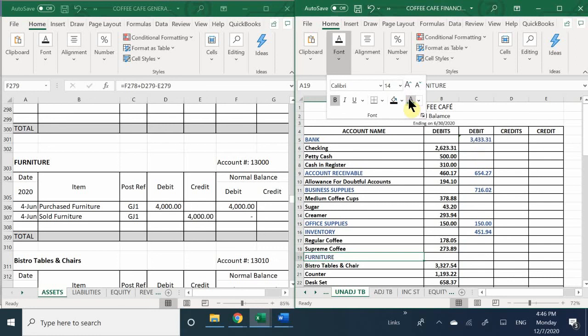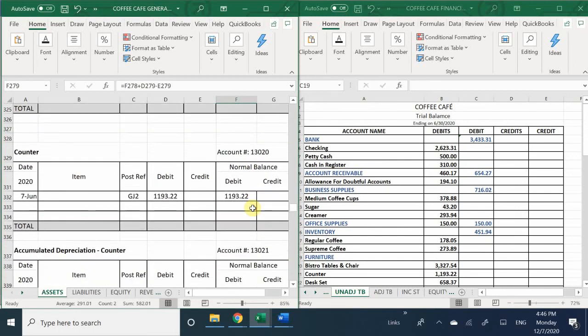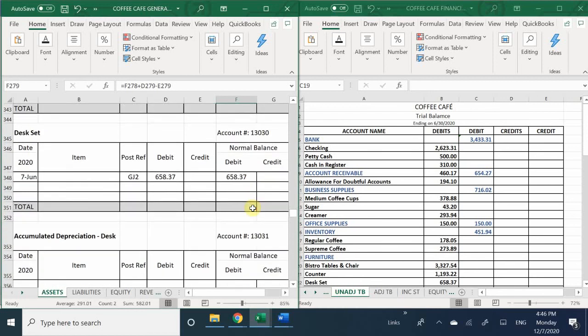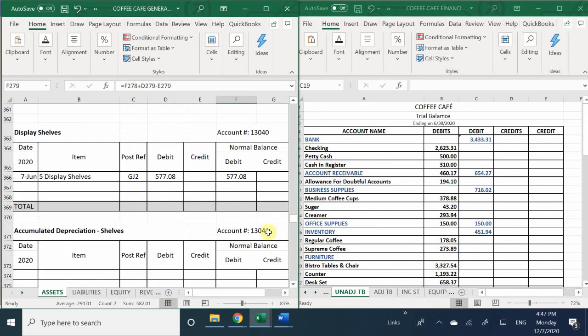So, did the bistro tables change? No, they did not. What about the counter? No. What about the desk set? No. And the display shelves? They're the same also.